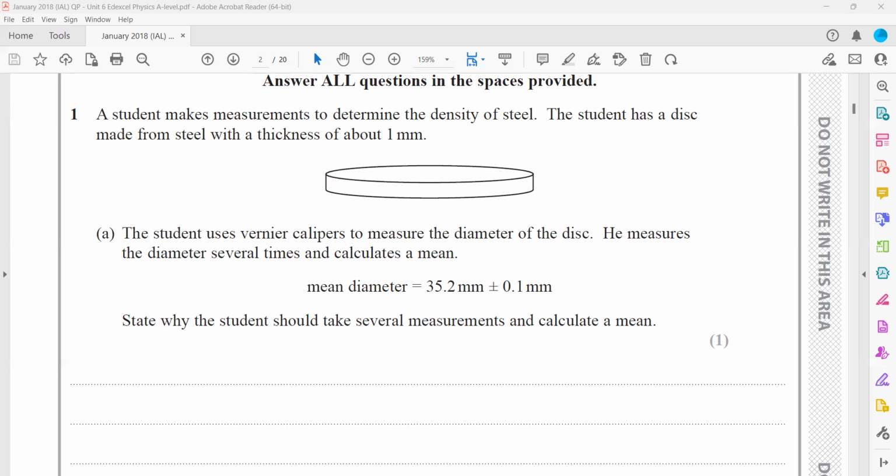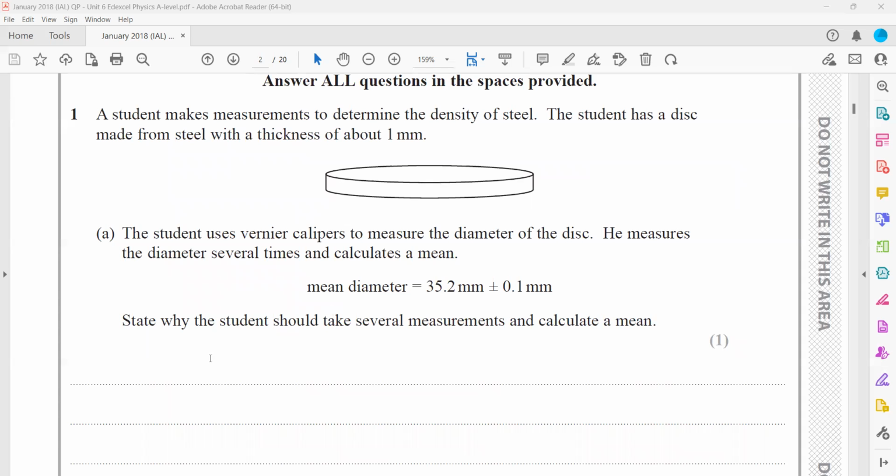So why we should always repeat the experiment and take an average. Whenever we repeat the experiment, we minimize the random error. And maybe the object may not be uniform, like some part it will have a greater thickness than the other parts.